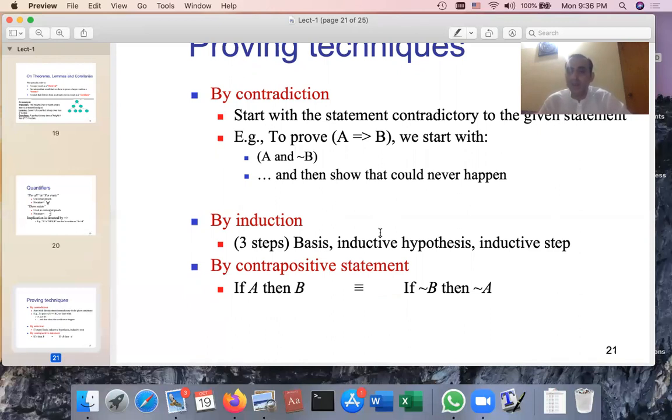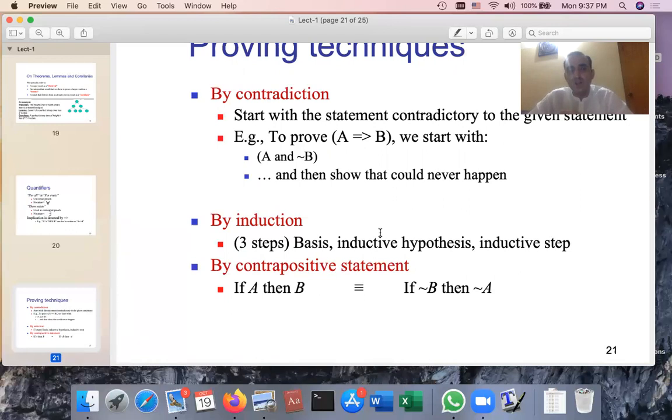Then in the inductive hypothesis you have to prove something with respect to k equal to 1, and in the inductive step you have to prove something for k greater than or equal to 1, for all values greater than or equal to 1. You have already seen these things in discrete structure, but these are the three steps involved in an induction proof.